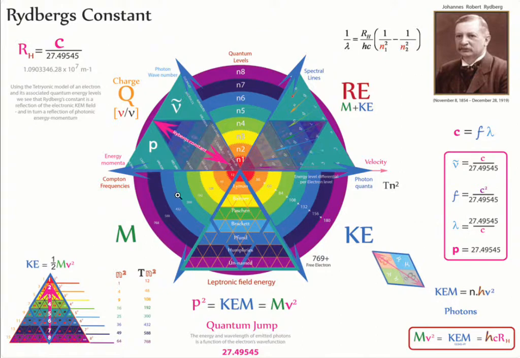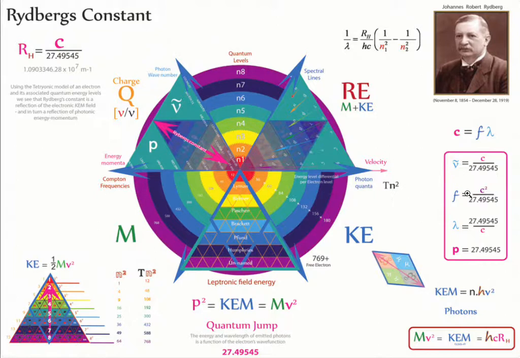Again, using the stylized Bohr radius diagram of Tetryonics with the geometry of the electron superimposed, we can use Tetryonics to give us the charge of the particles and the field, the rest mass matter, the kinetic energies, and in fact the total mass energy of the system under study, whether it's the photoelectron or the photons that are emitted. We can calculate and solve for any of them by knowing the Tetryonic geometry.